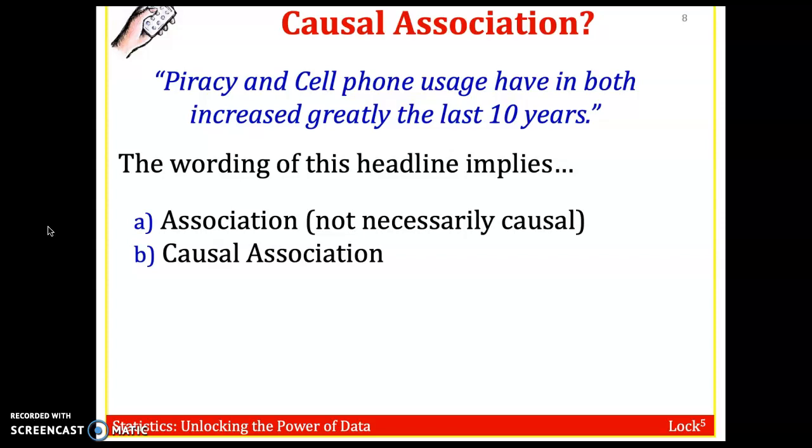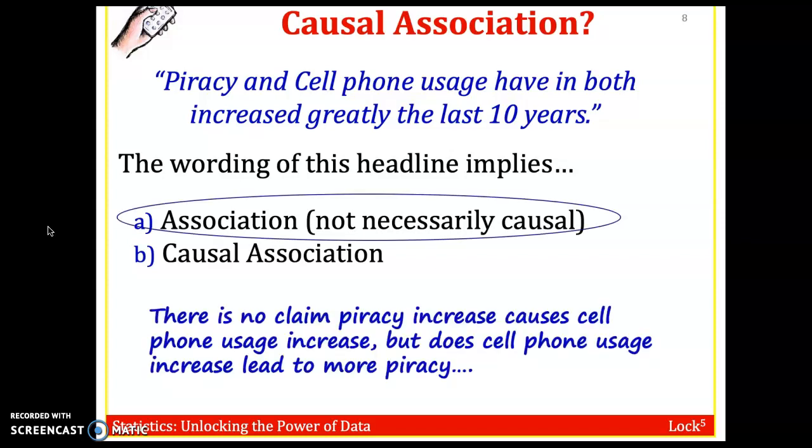Piracy and cell phone usage have both increased greatly in the last 10 years. As another example of an association that's not necessarily causal, there's no claim that piracy causes cell phone usage to increase or vice versa. It's just an association.